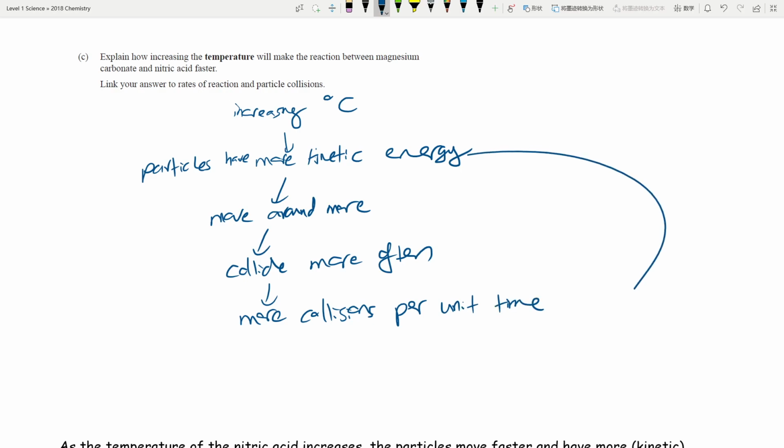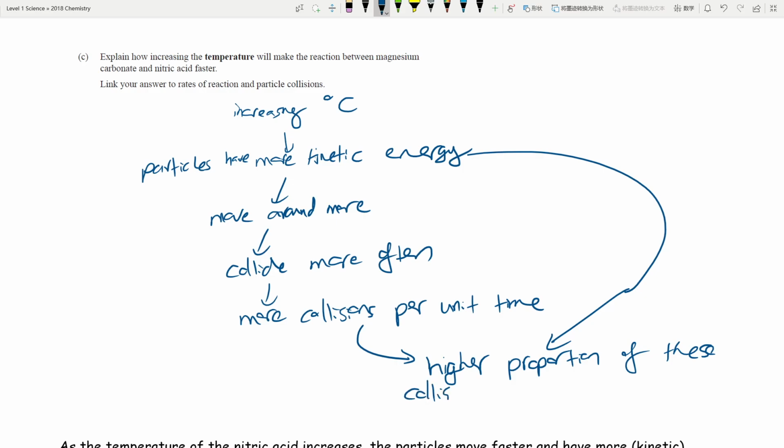Now, because they have more kinetic energy, and because there are more collisions per unit time, a higher proportion of these collisions, because they're colliding with more energy, will collide with a sufficient amount of energy to overcome the activation energy, or just to become successful.